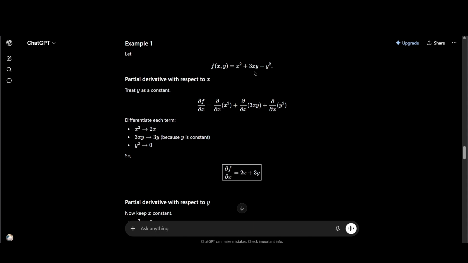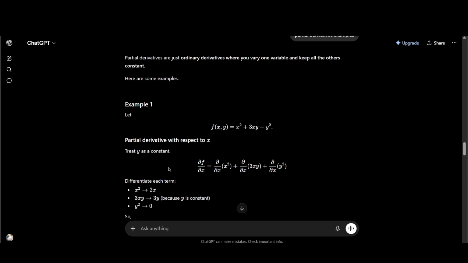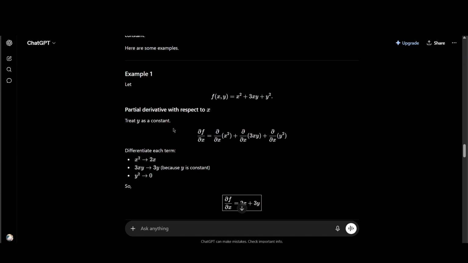Okay, so this basically is the partial derivative sign. How do we say this, to make it easier? Partial derivative: treat y as a constant.